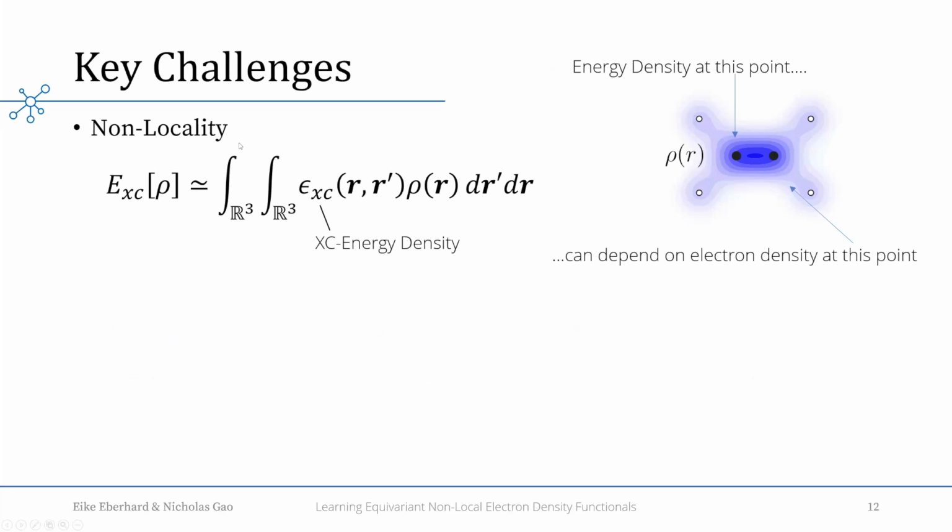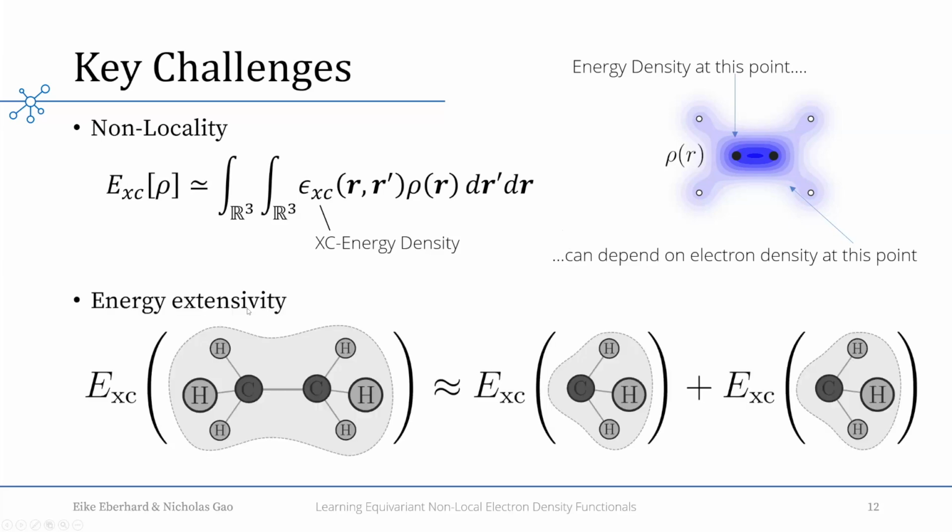And here you can see non-locality means that there might be a hidden second integral, meaning that the energy density at a given point in space could depend on a completely different point in space. This is a known physical phenomenon. To actually capture a system, you have to have non-local features in your description.